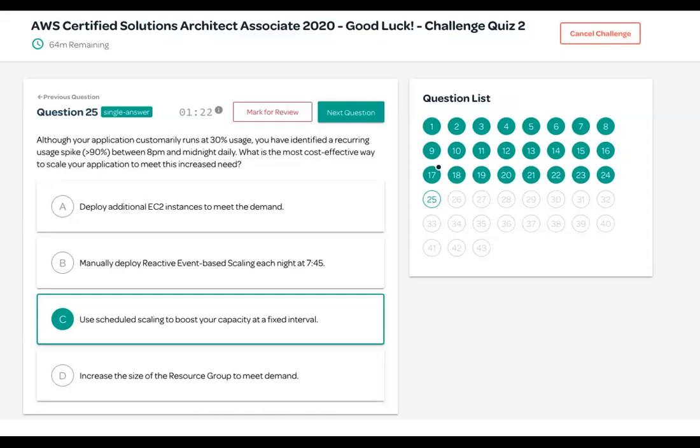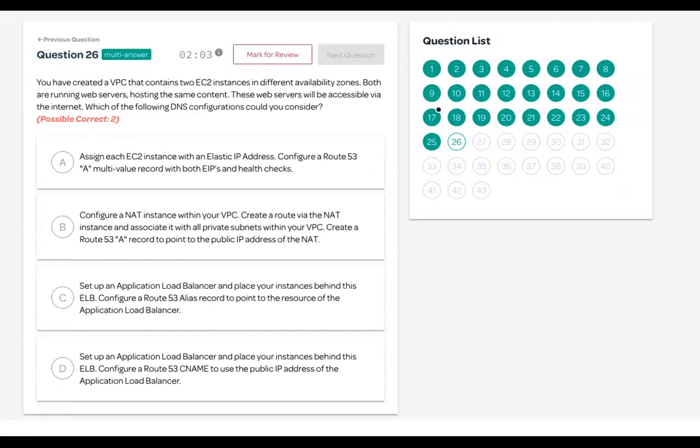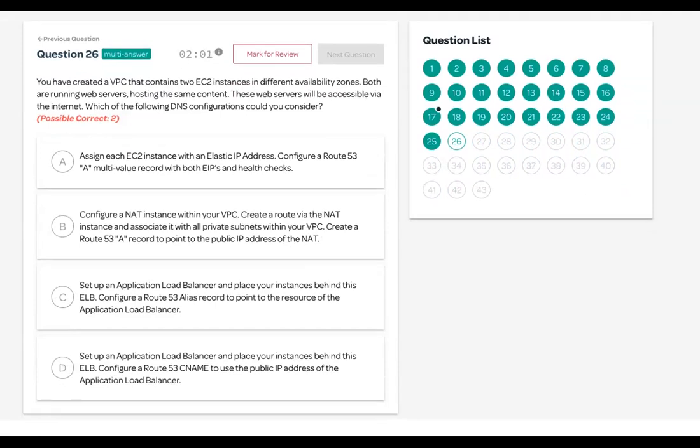Manually deploy, or reactive event-based scaling each night. So manually doing it is not a good idea. Increase the size of the resource group to meet the demand. That is not needed because you can boost it up. We'll see at the end also if this is wrong. We'll review all our wrong answers again.